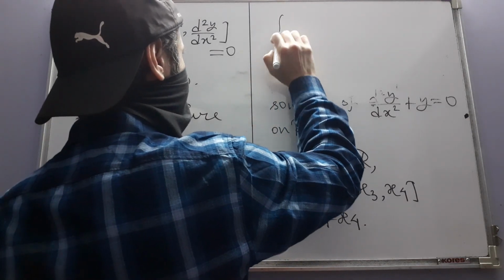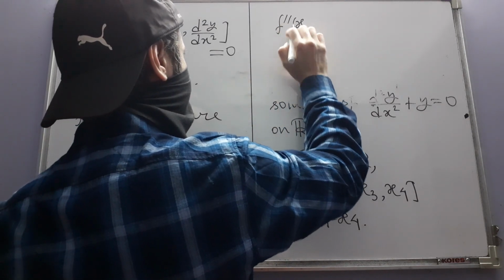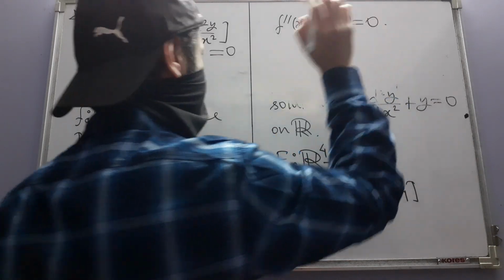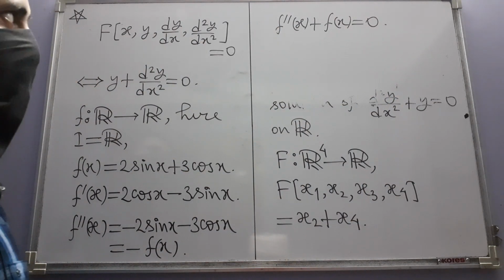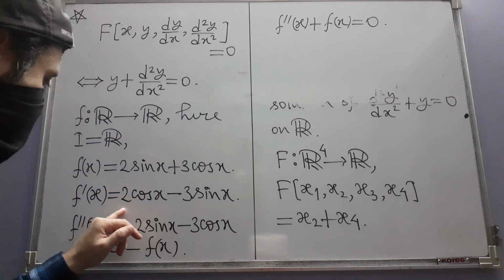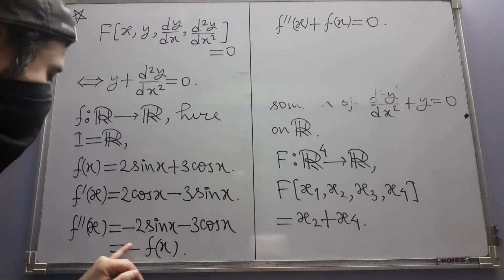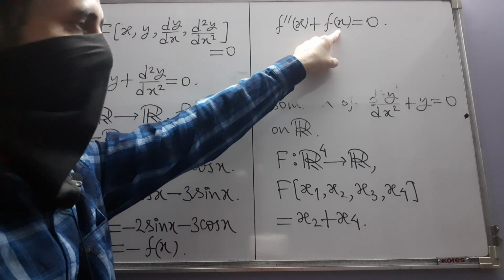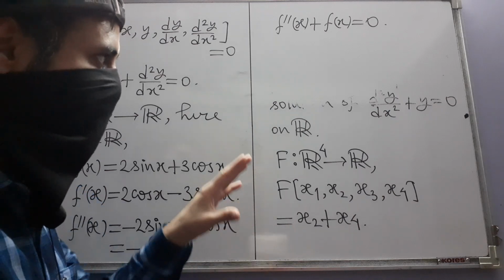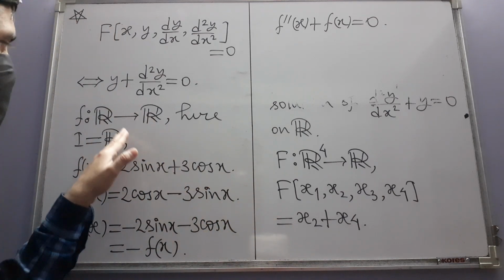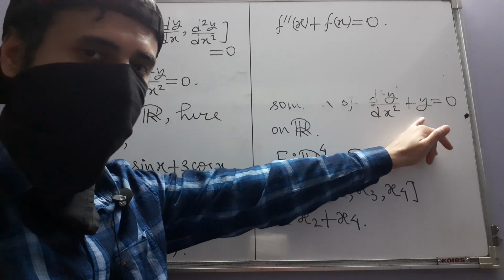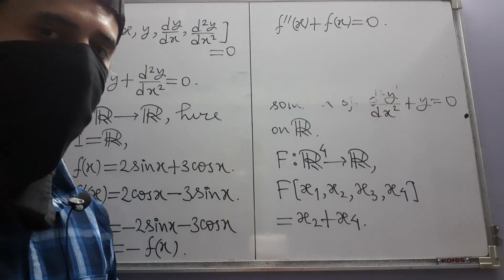That is, we have this. And this is true for every real number x. At every real number, you calculate the second derivative and add it to the value of the function at that real number, you are going to get 0. And that's how this function is an explicit solution of our differential equation on the entire real number system.